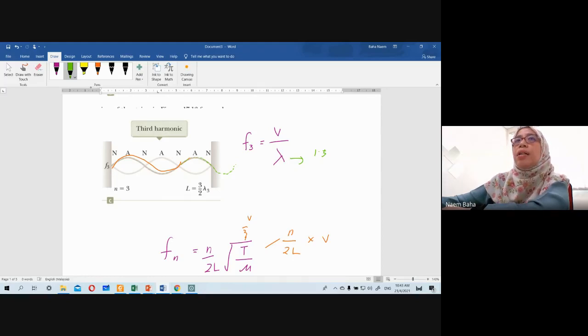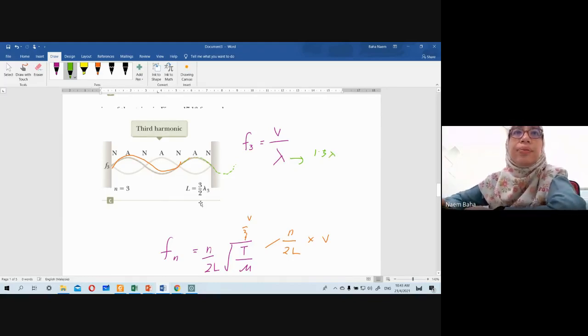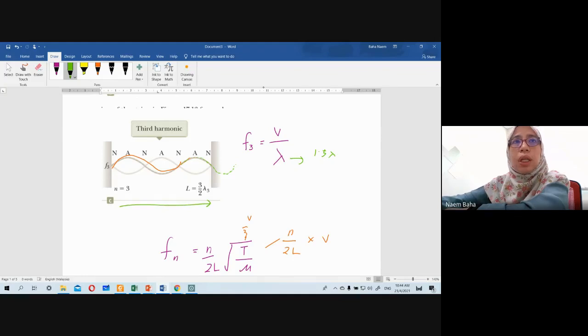I am stumbling. Okay, let me write it down. The length is now equivalent to how many lambda over here? It's 1.5. This is 1.5 lambda. All right, correct. How many lambda we observe in this figure is actually 1.5.